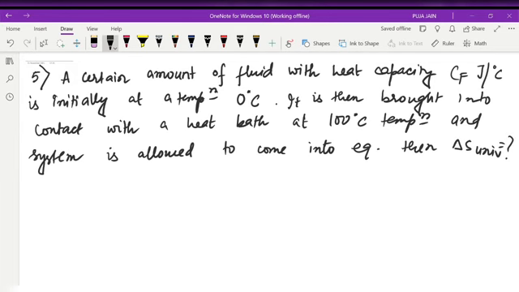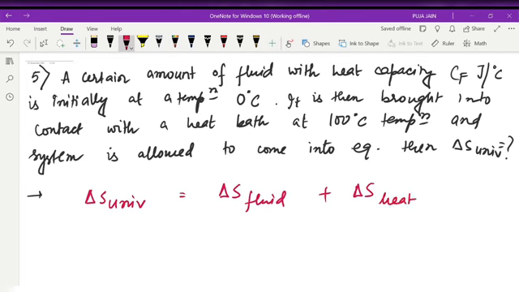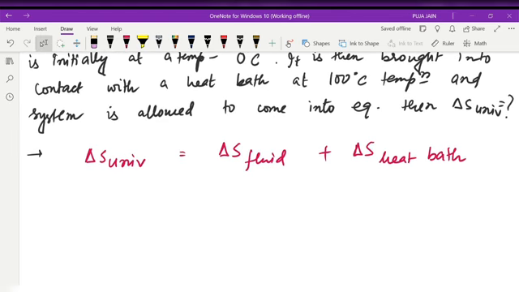Now you see, we know basically here delta S universe is equal to delta S fluid plus delta S heat bath. Now delta S fluid is equal to the integration of dq by T. Here you need to find what T is.